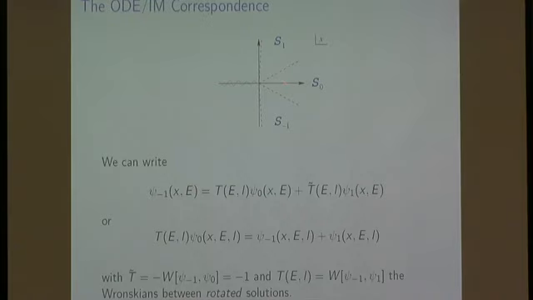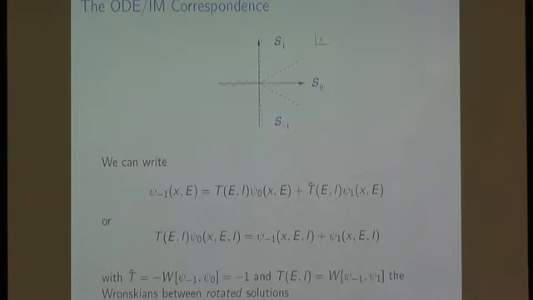I guess it's easier to understand if you consider this picture here. If you have a solution that decays here, so this is psi 0, you can write it, well actually here I've used psi -1, you can write the solution that decays here in the basis of the solutions that decay here and here, in this way.